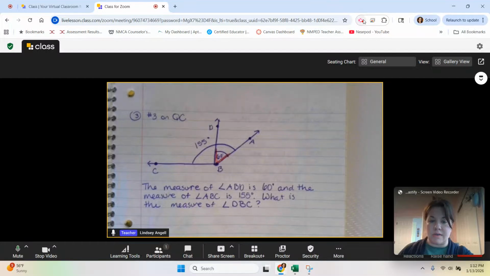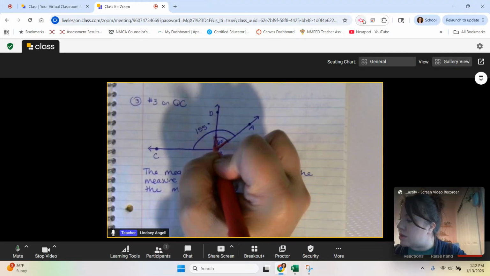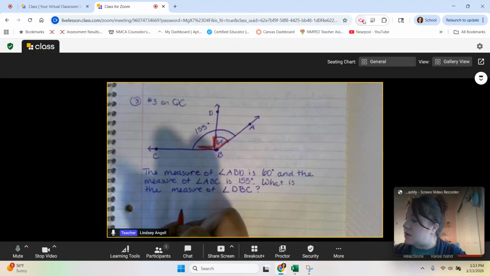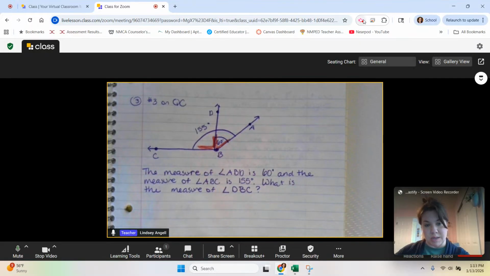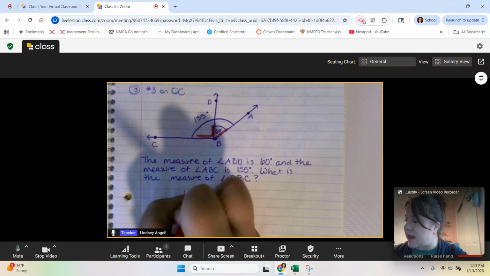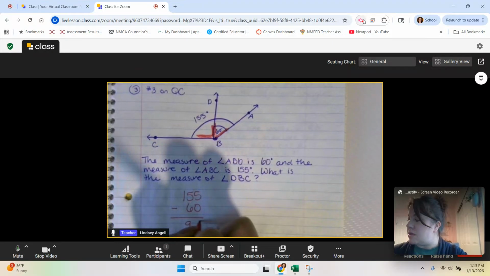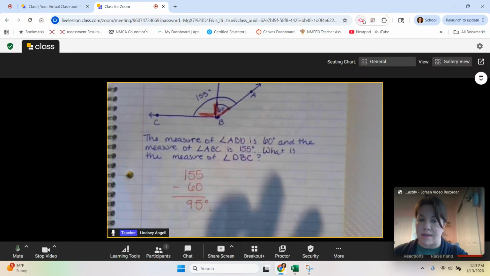What is the measure of angle DBC? That's this one here we're looking for. We don't know that measurement yet. To solve that, you could set up an equation like we did, but really it's just 155 minus 60, which gets us down to 95 degrees.